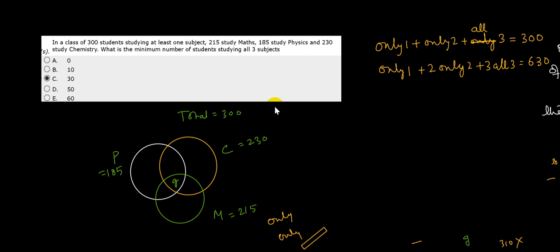So if I subtract equation 1 from equation 2, I will get only 2 plus twice all 3 is equal to 330. This is the trick.